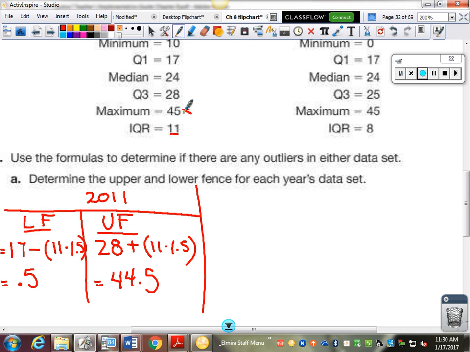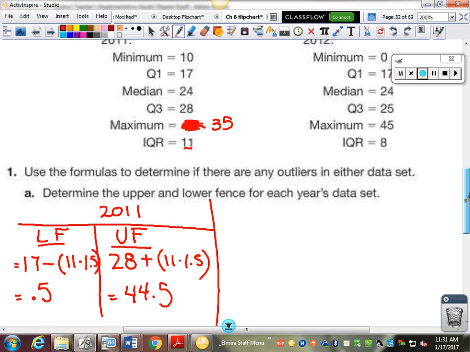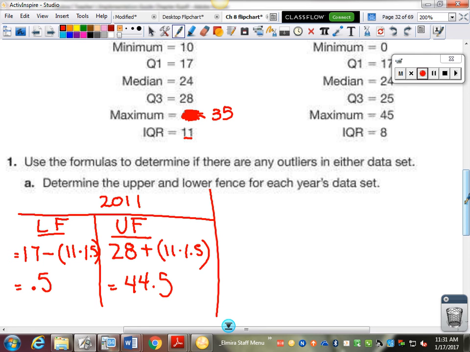Our max value is 45. That's wrong. Oh, kids, we got a typo. The max value was 35 for that set of data. There's a typo there. So, in 2011, 44.5, that's the upper fence. 35 is less than that, so it's not an outlier.